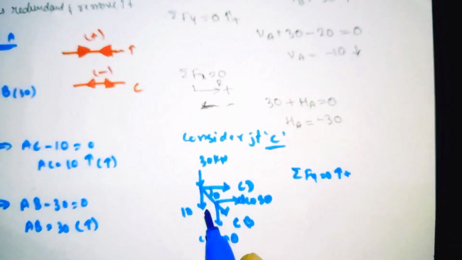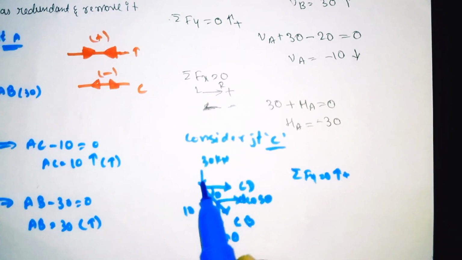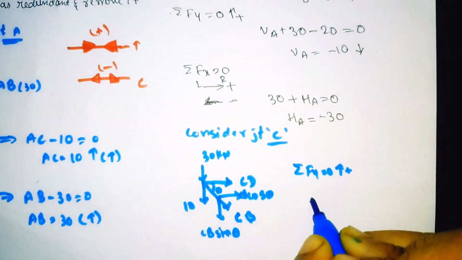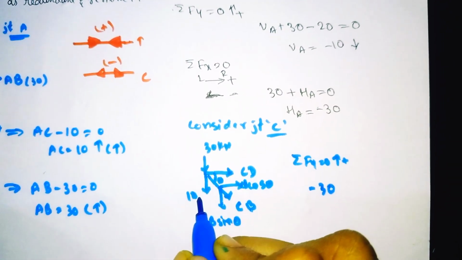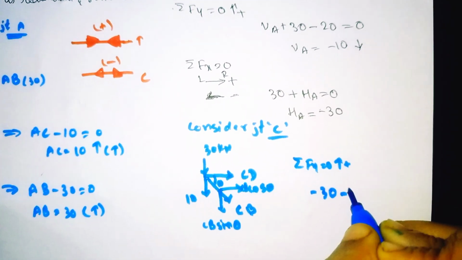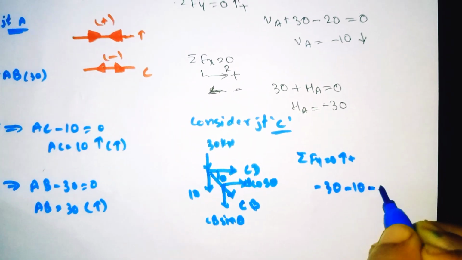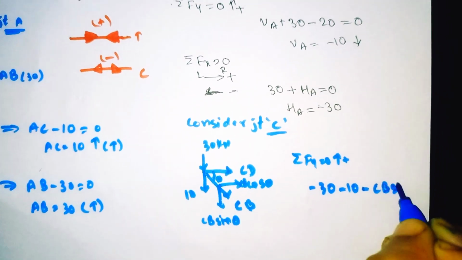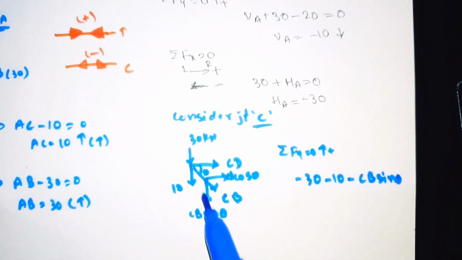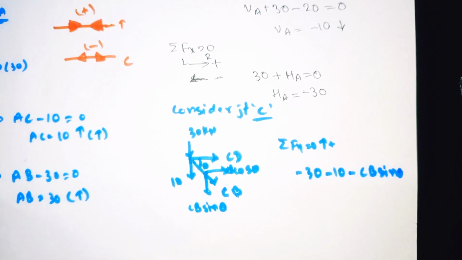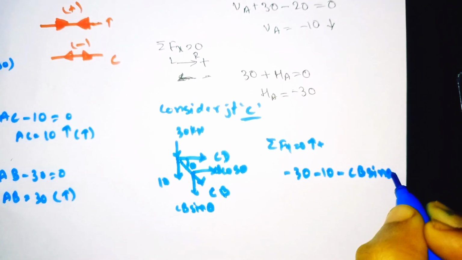The vertical 30 kilonewton is moving downward, so minus 30, and the 10 kilonewton is also downward, so minus 10. CB sin theta is also moving downward, so minus CB sin theta. Are there any other vertical forces? No. So it is equal to 0.